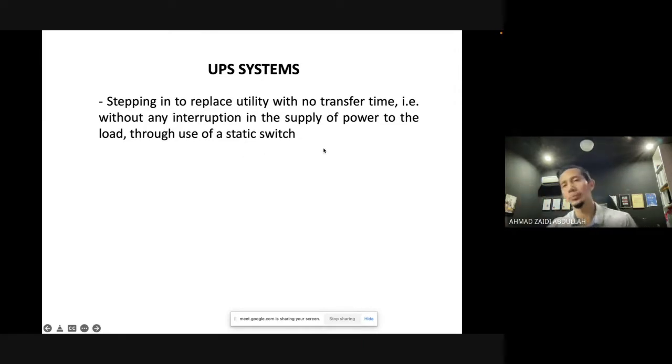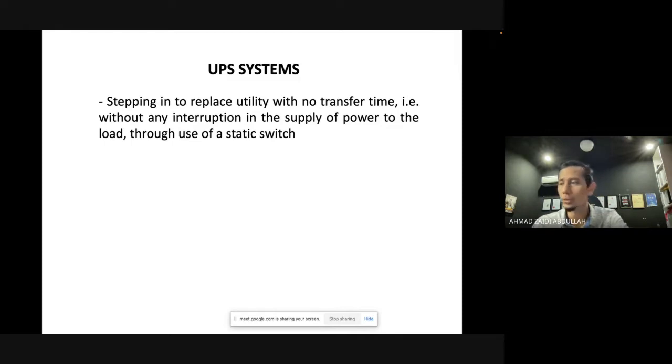Through use of a static switch. The switch that is built into the UPS, we call it a static switch. That static switch is electronic switching. So that's why it is very fast compared to our breaker and manual system. Like a genset, we have an ATS, automatic transfer switch.